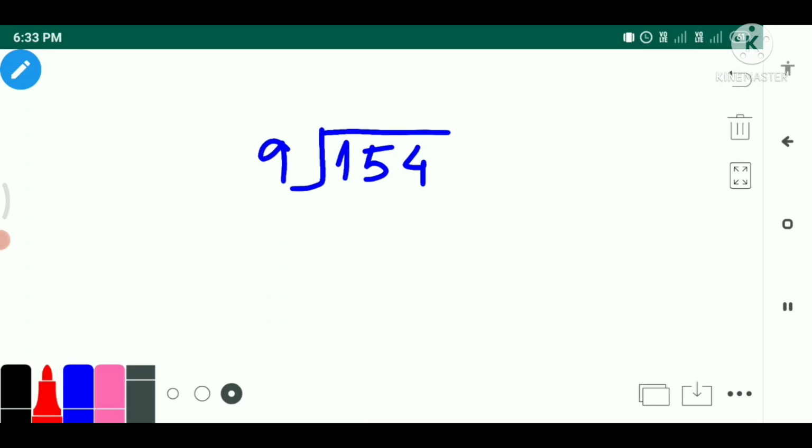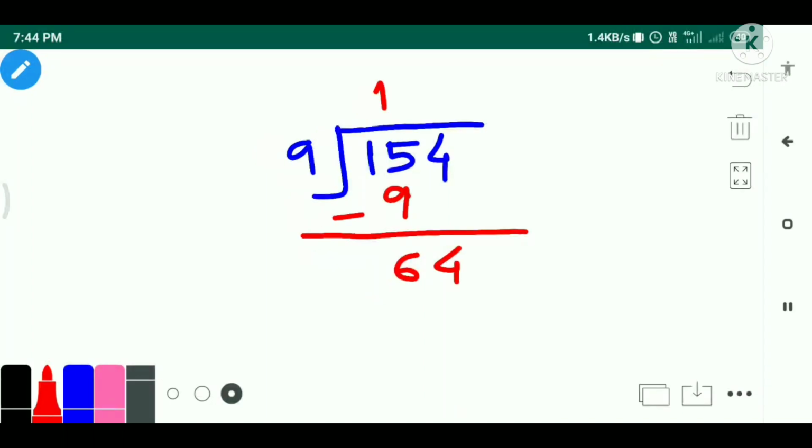So let's find it. So see, in 100 place 1 is there, so we'll take 2 numbers, that is 15. So 9 1s are 9, 9 2s are 18. So 18 is the bigger one, so we'll take 9 1s are 9. Now we'll do subtraction. After subtracting, what we will get? 6, and this will be 4.